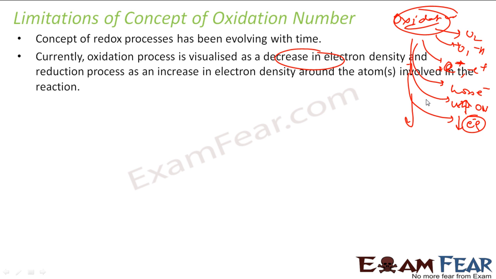Initially they said it's addition of oxygen, then addition of oxygen and removal of hydrogen, then addition of electronegative element and removal of electropositive element, and then they said loss of electrons is oxidation, then they said increase of oxidation number is oxidation, and the current definition says that decrease in electron density is oxidation.